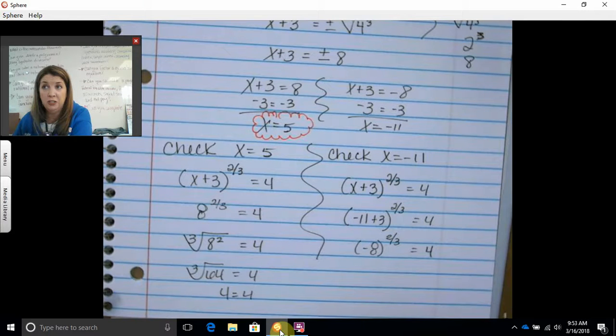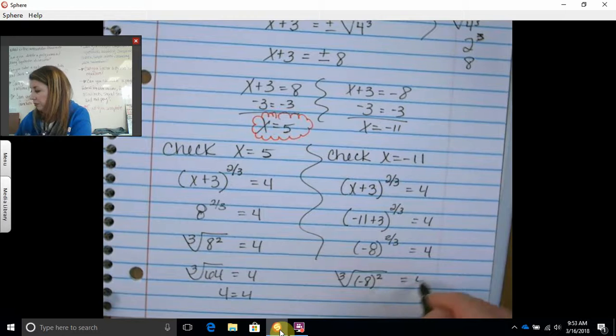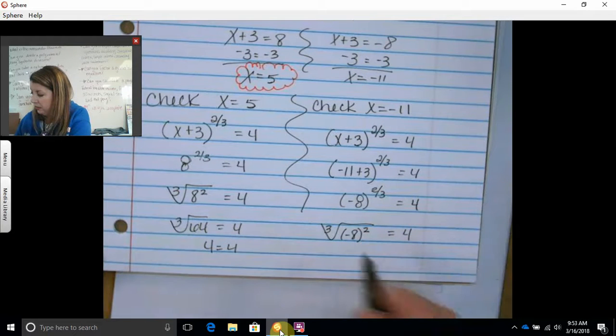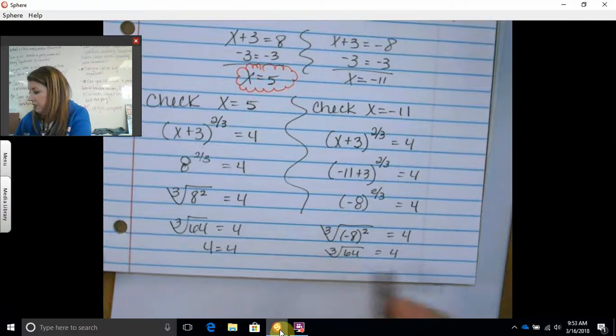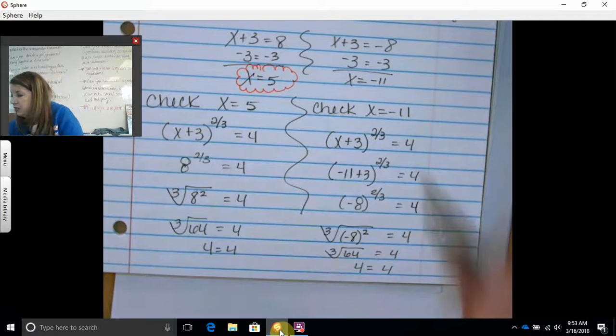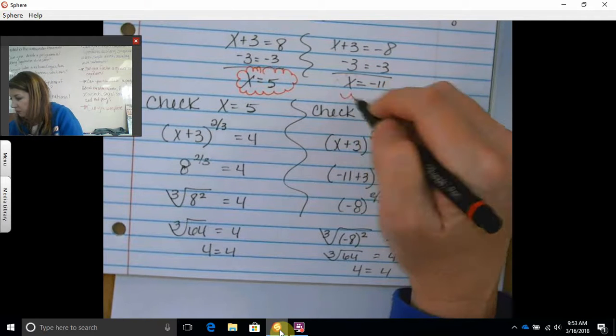And can you take the cubed root of a negative? Yeah. So the cubed root of negative 8 quantity squared. What's negative 8 quantity squared? And that's positive, right? And cubed root of 64 is 4, equals 4. True statement. So negative 11 is also a solution.